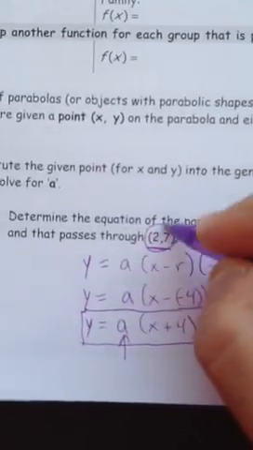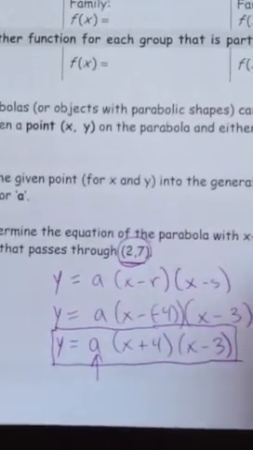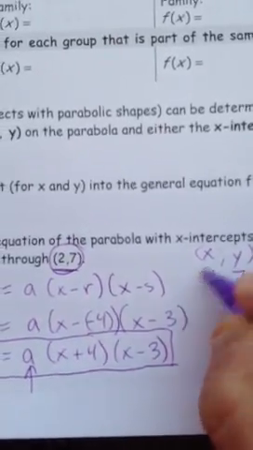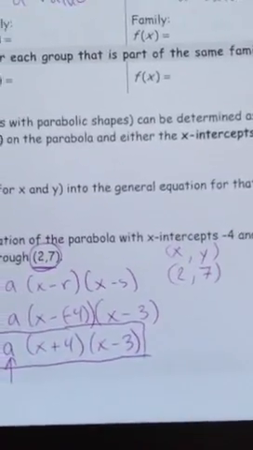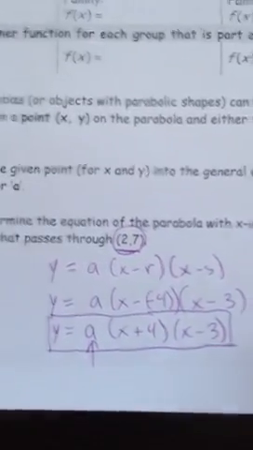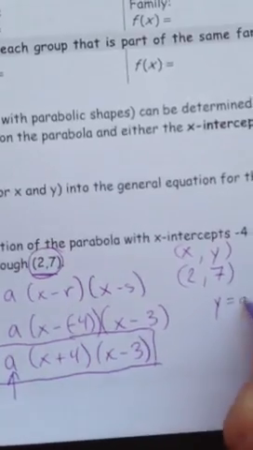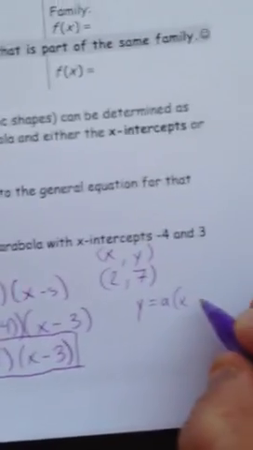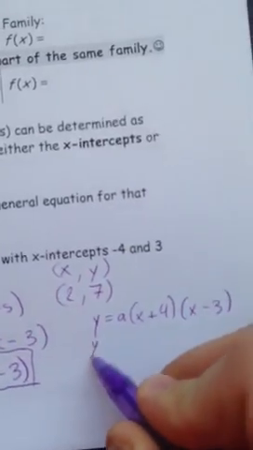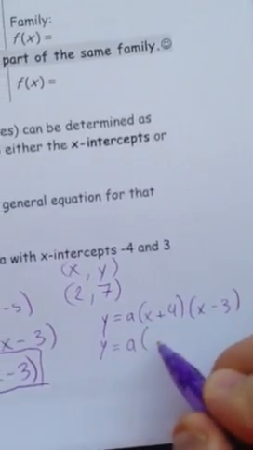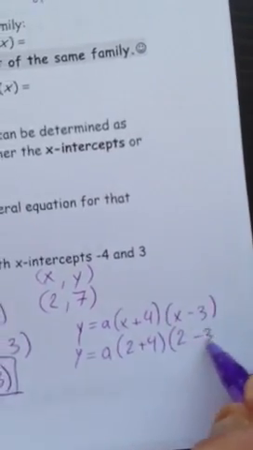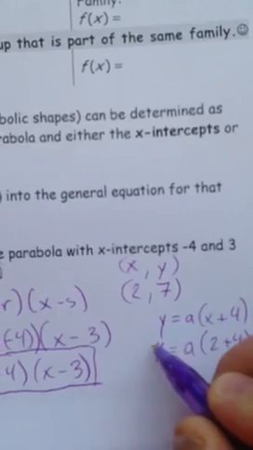That's where this point comes in, because it's telling me that a point on the graph (x, y) is (2, 7). That means when x is 2, y is equal to 7. So I'm going to plug that into the formula y equals a(x + 4)(x - 3) to figure out what a is. I forgot to plug in that y is 7, so I'll write that down.